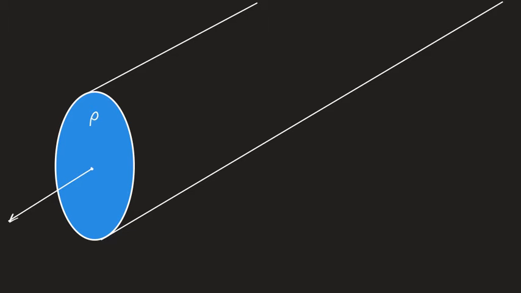So the cylinder is, of itself, a very long cylinder. And we'd like to determine what the electric field is both inside the cylinder and outside the cylinder. Again, another classic style of Gauss's law question.